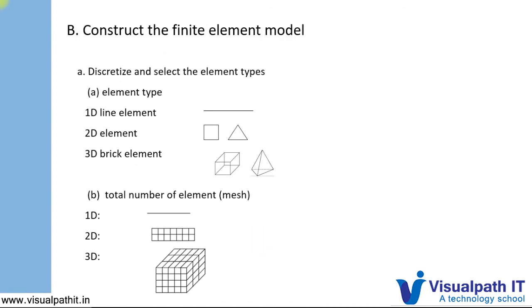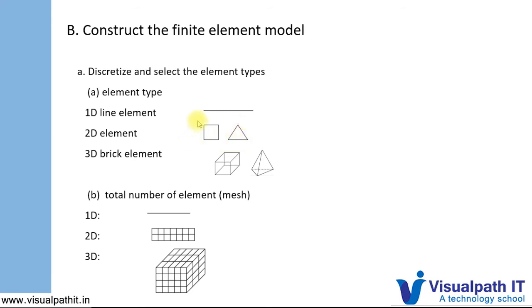Moving next, we need to construct the finite element model. Like I said earlier, we need to discretize the domain, our cantilever beam, into small elements, which we call the mesh. Here a 1D element is a line, and a 2D element is a small square box or a triangle.